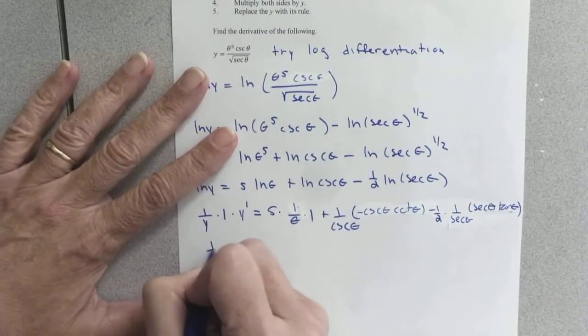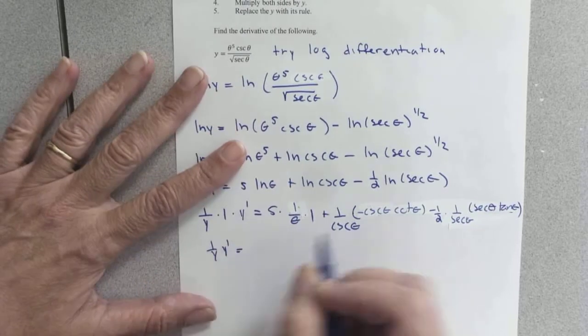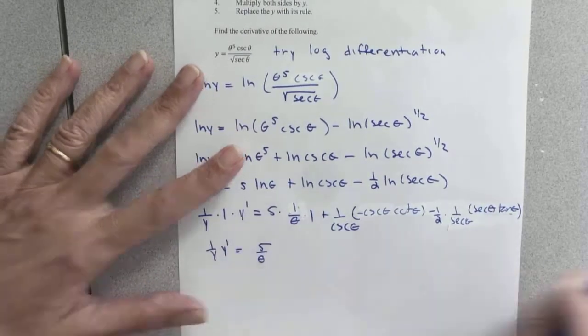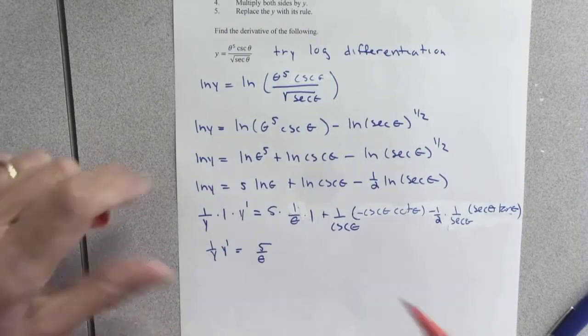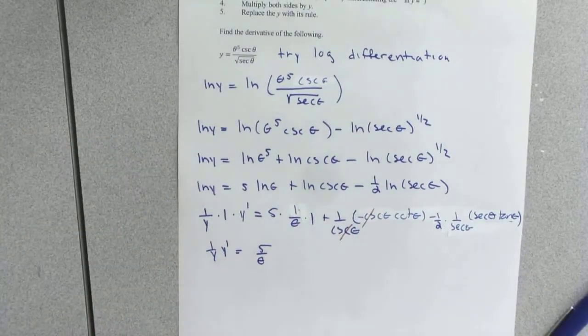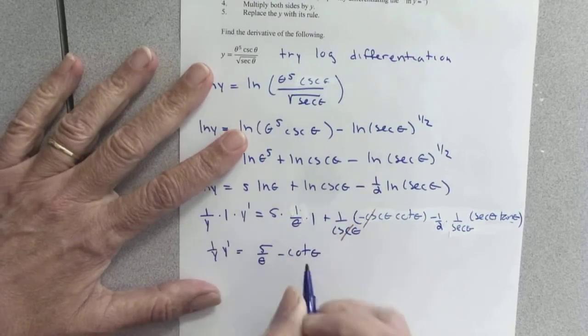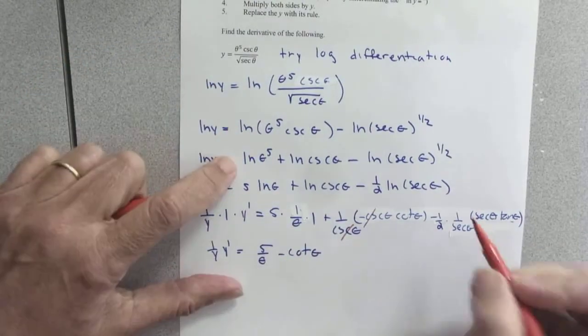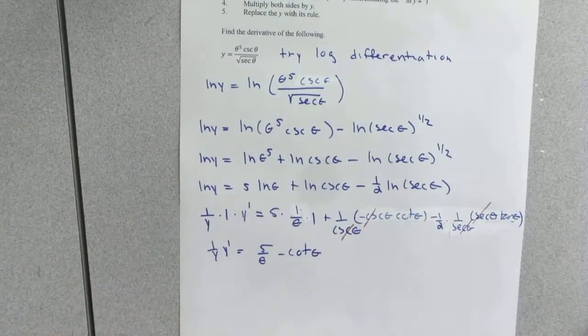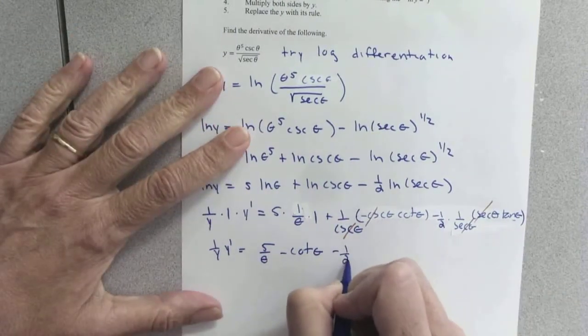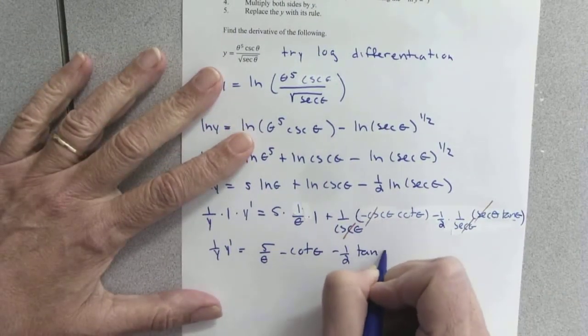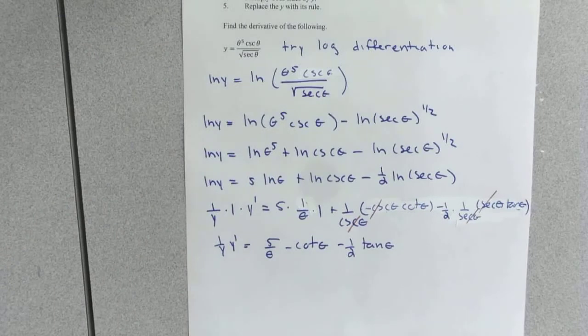So let's just clean this up a little bit. So I've got 5 over theta. Here the cosecants are going to cancel, and I still have that minus sign, so minus cotangent theta. And here the secants are going to cancel. So I have 1/2 tangent theta. Then we're almost here.